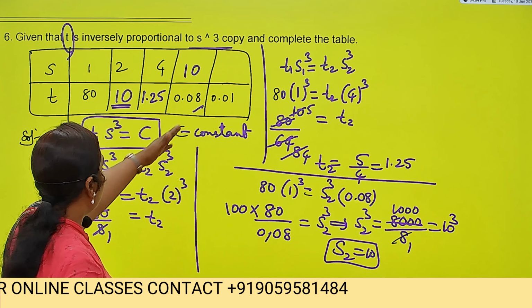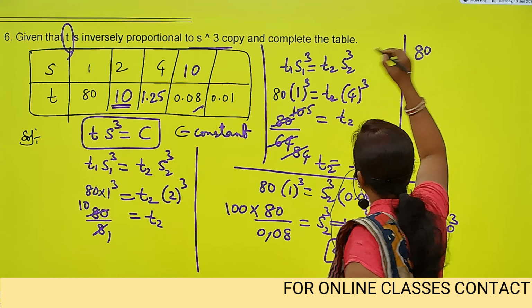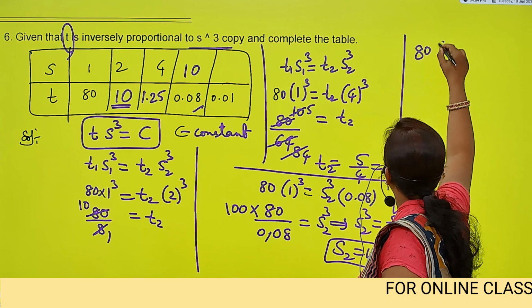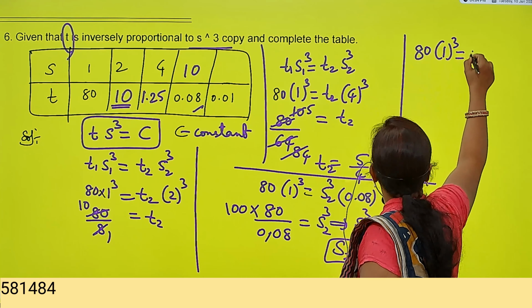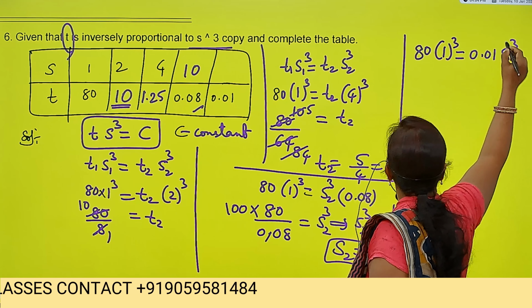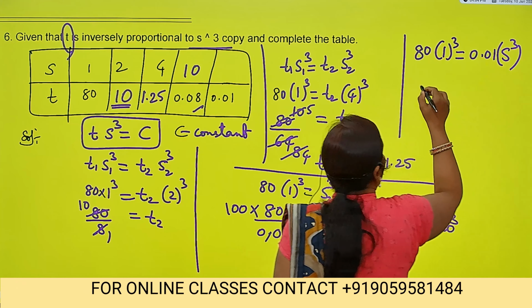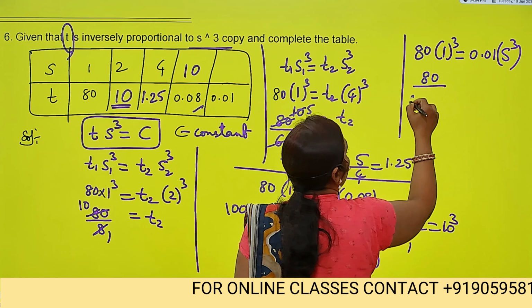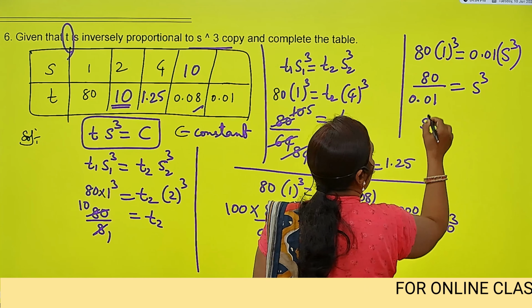Okay. In the last case, what is T1? 80 only, we are taking the same value. What is S1? 1 cube equals, what is T2? 0.01. What is S cube? We don't know, the unknown value is S. So here 80 over 0.01 equals S cube.